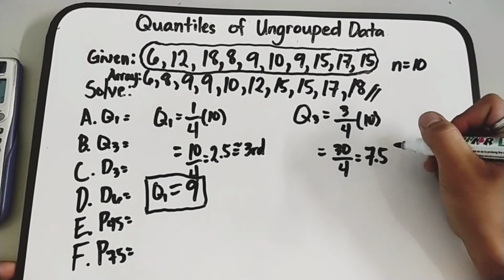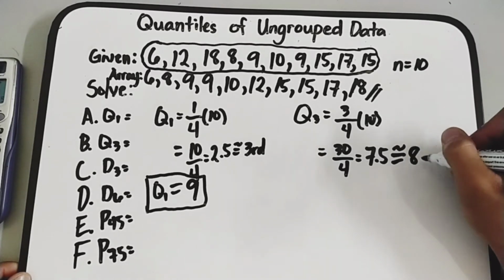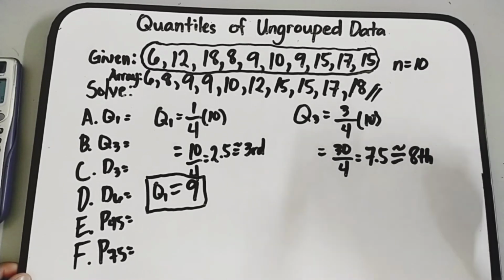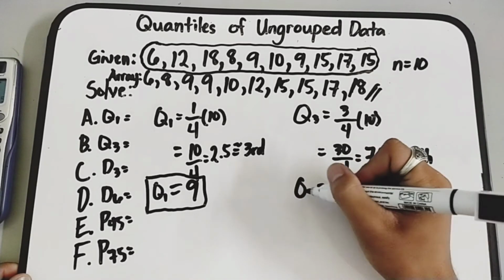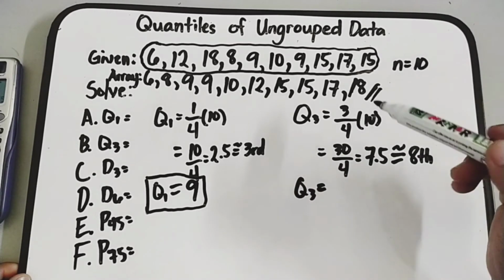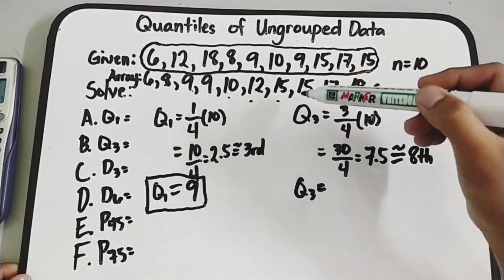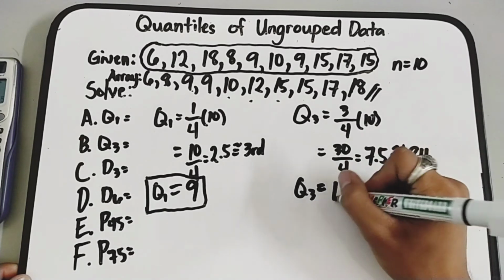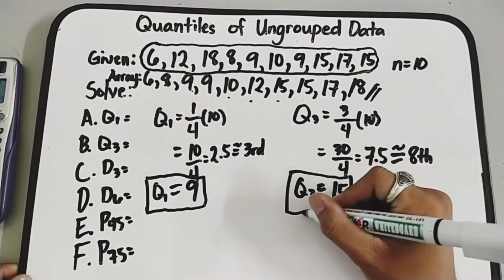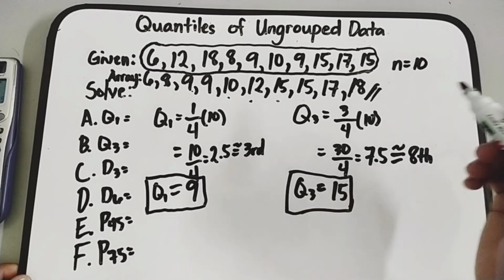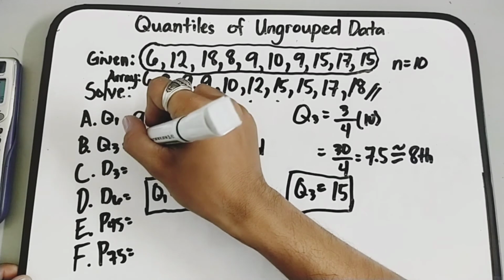So, 7.5 is congruent to 8. Yung pang 8. Ibig sabihin, our quartile 3 is yung pang 8. So, 1, 2, 3, 4, 5, 6, 7, 8. Therefore, our quartile 3 is yung 15. So, ayan yung pagkuha ng ating quartile. You have 9 and 15.